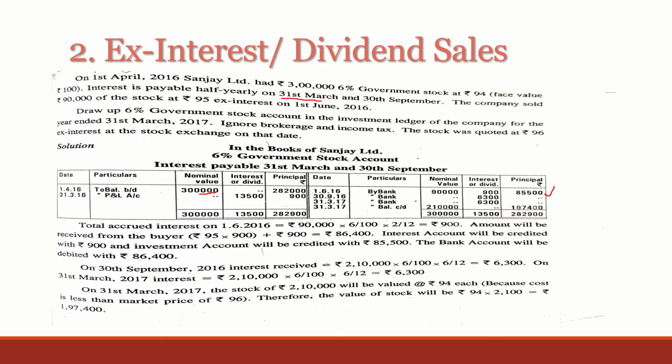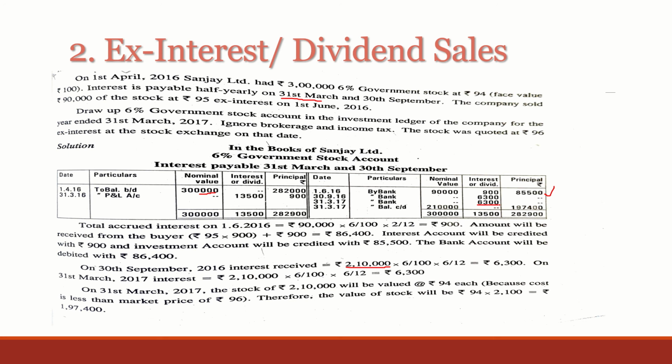Upon this 2,10,000, we have to take 6% for 6 months because it is half yearly. So we'll get 6,300 as the bank interest. And again on 31st March, the interest will be the same, 6,300.